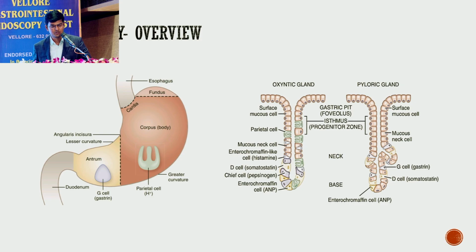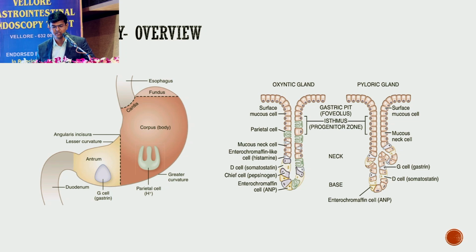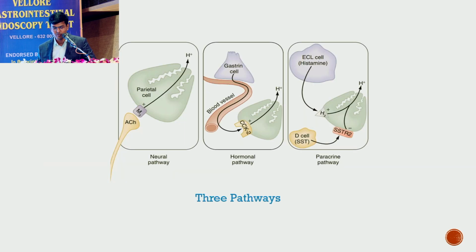acid production. Generally the stomach is divided into 3 anatomical parts: fundus, body and antrum. Functionally, it can be divided into 2: oxyntic gland and pyloric gland areas. In the oxyntic gland area, there are parietal cells, enterochromaffin cells, and chief cells. In the pyloric gland area, you can see mostly G cells, which secrete gastrin.